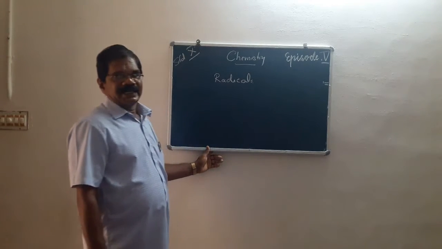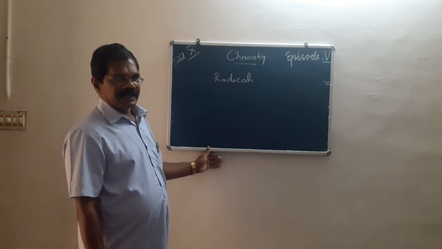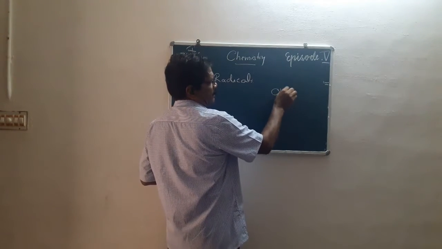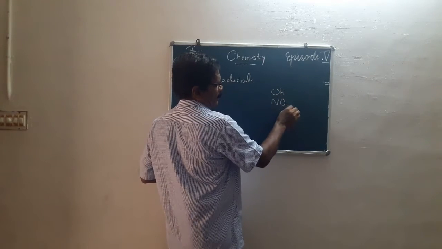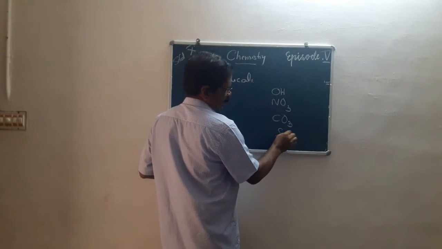Some common radicals that come in this chapter or in the high school session are hydroxide, OH, nitrate, carbonate, sulfate.